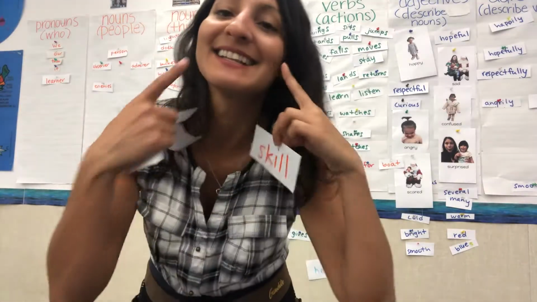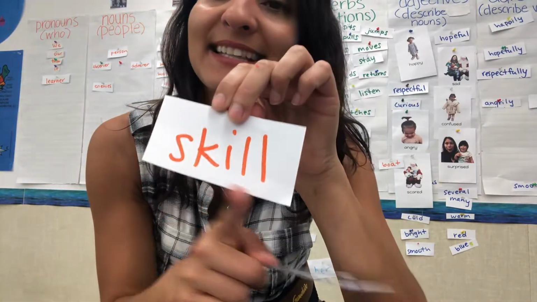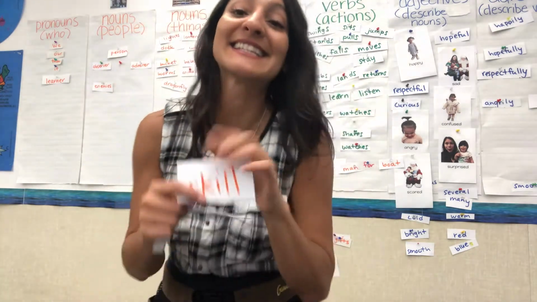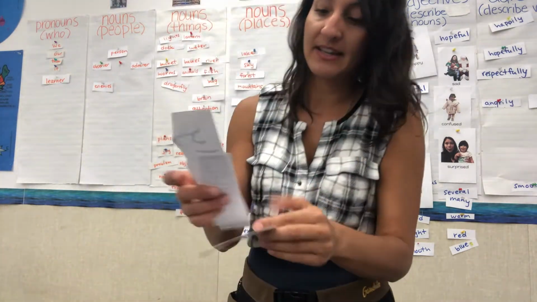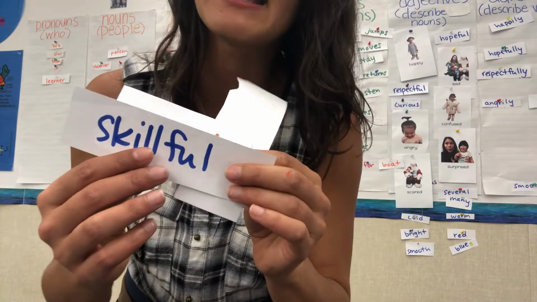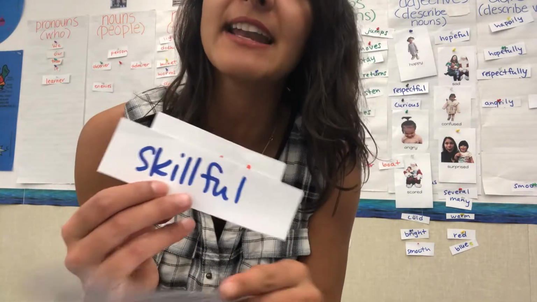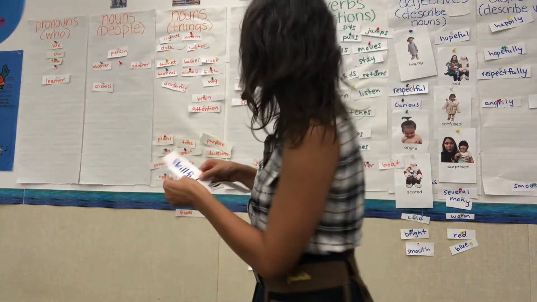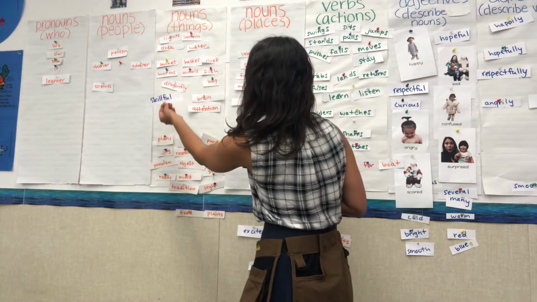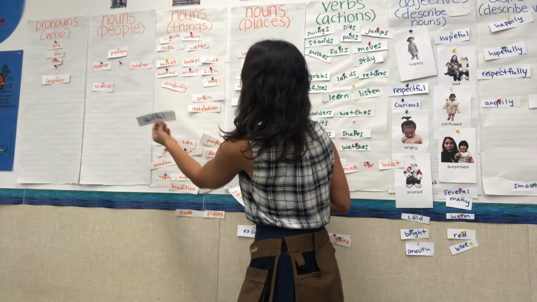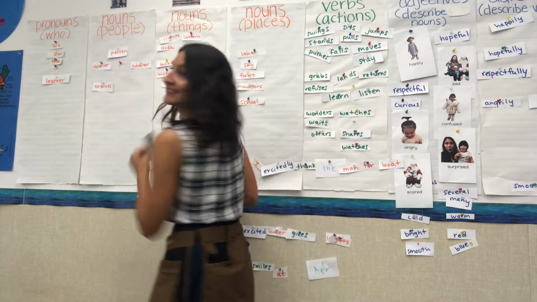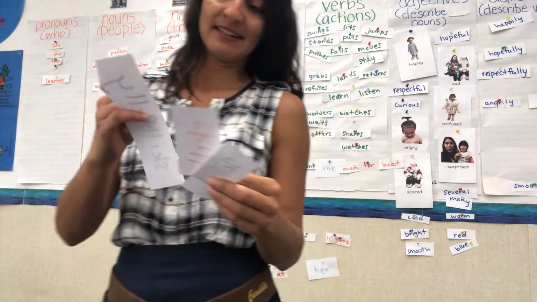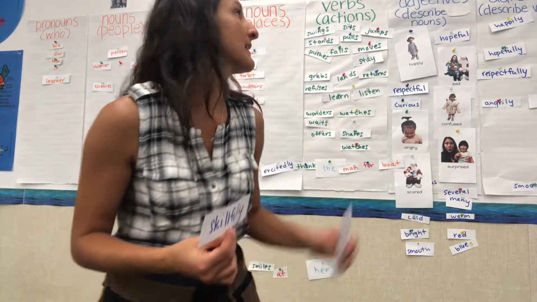Skill. Say it with me. Skill. Good. Skill is a noun. Skillful is a describing word, an adjective. Skillful can describe a noun. I can have a skillful person. Skillfully is an adverb.